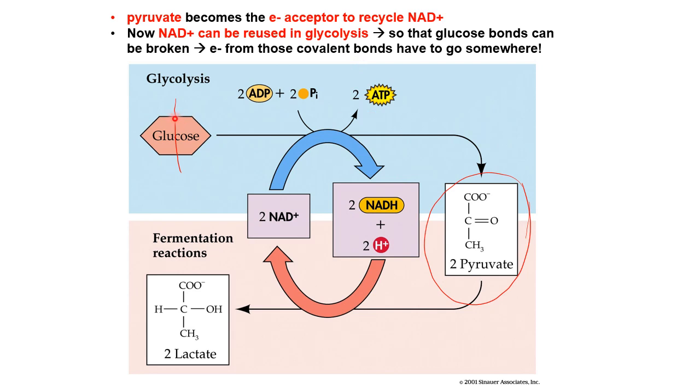When you break that bond, you have electrons that were shared over there. When you break the bond, the electrons gotta go somewhere. They don't just disappear. Where do they go? Not like magic, right? Sometimes we want them to just disappear, but they don't.